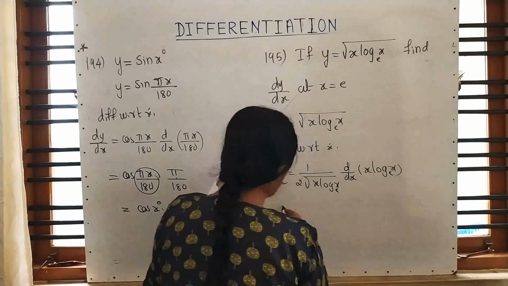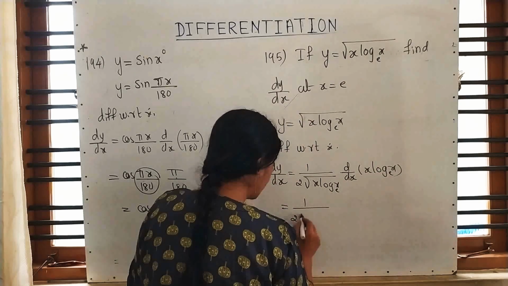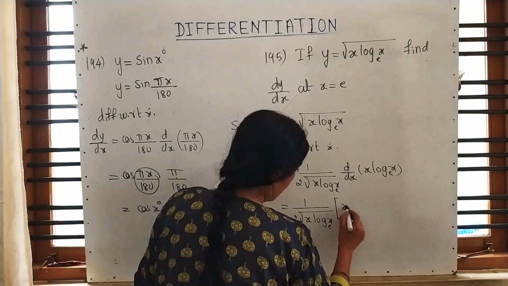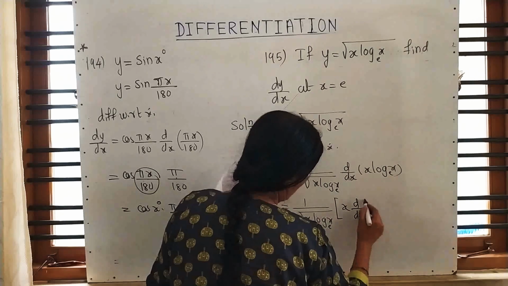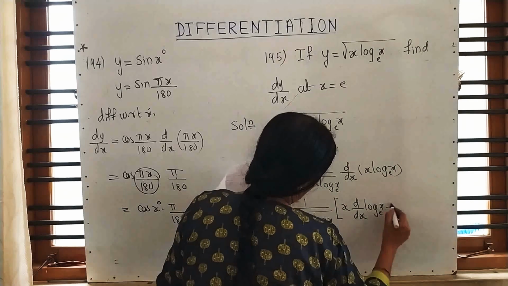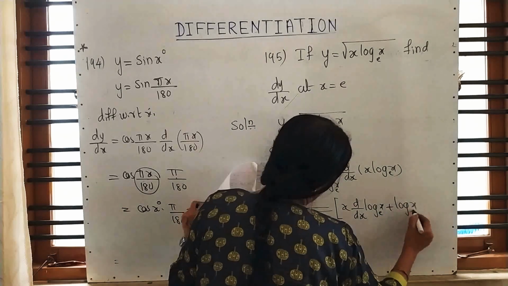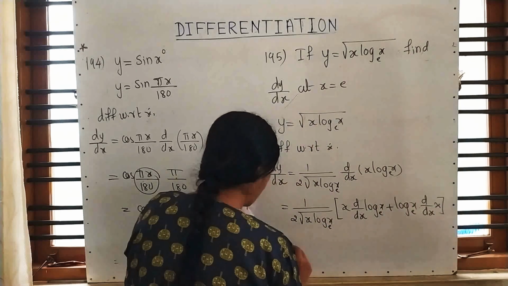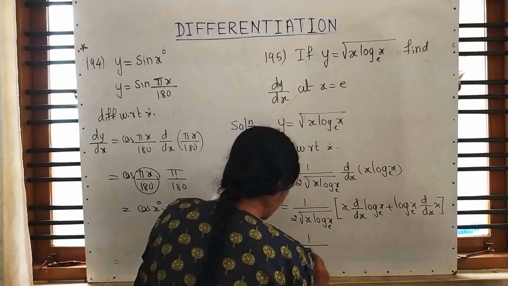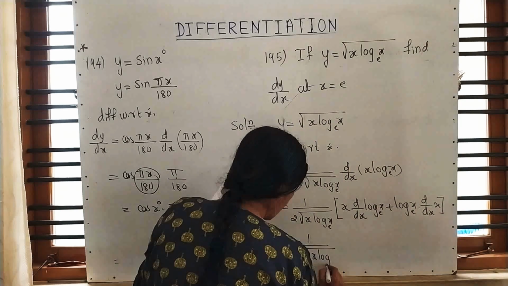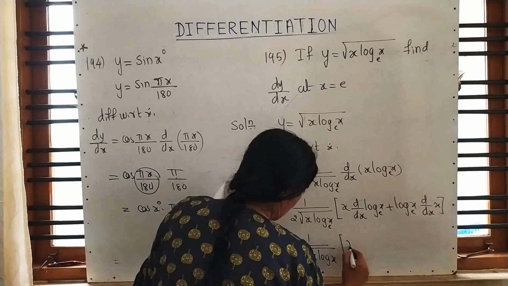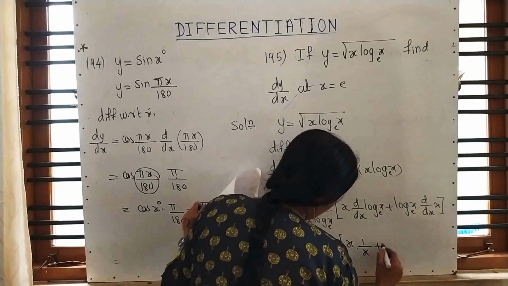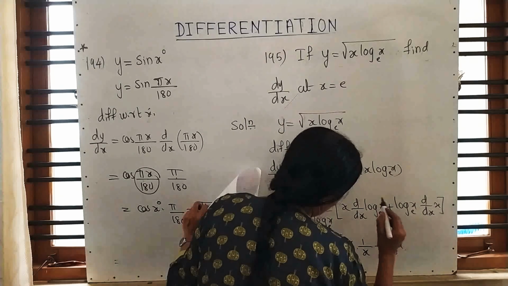That is u into v. In the bracket, x into differentiation of log x plus log x into differentiation of x. In the bracket, x I kept as it is. Differentiation of log x to the base e is 1 by x, plus log x I kept as it is.